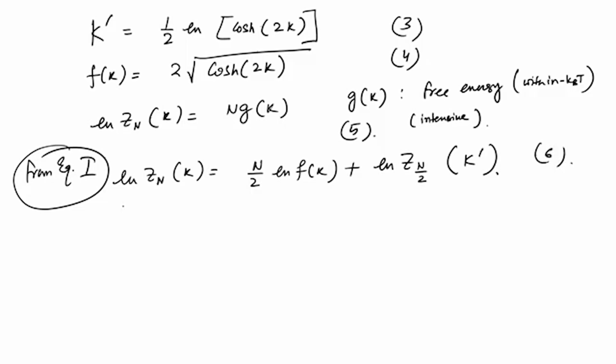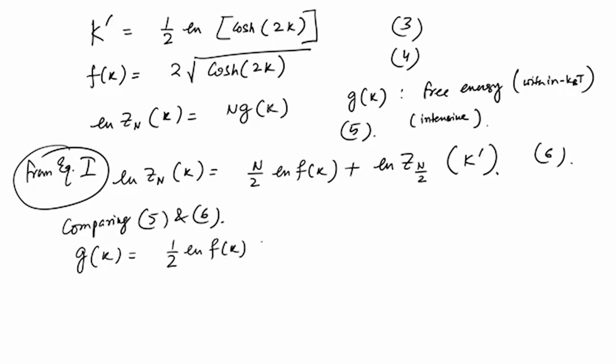So, this is the relationship between the partition functions Z_N and Z_{N/2}, and then comparing 5 and 6, g(k) is equal to half log of f(k) plus half g(k prime).